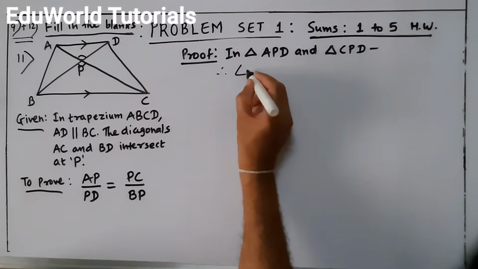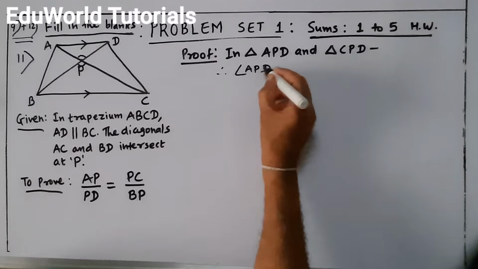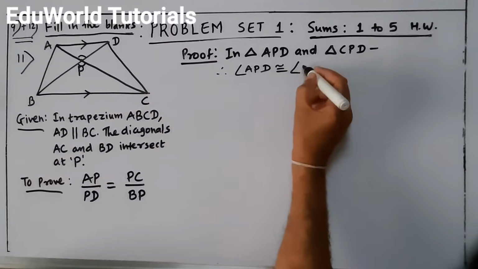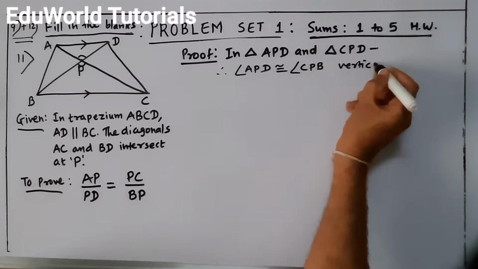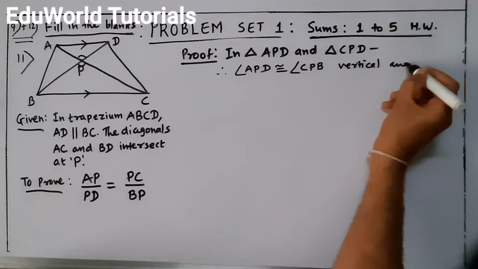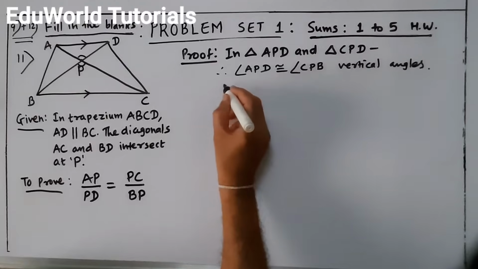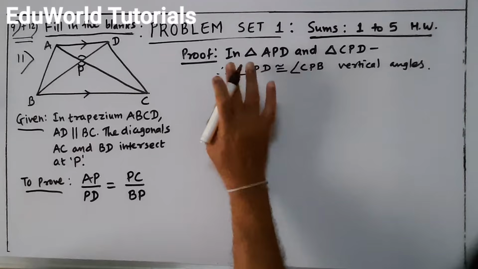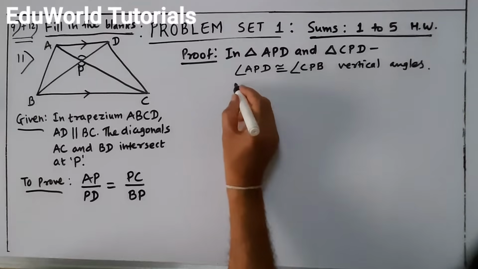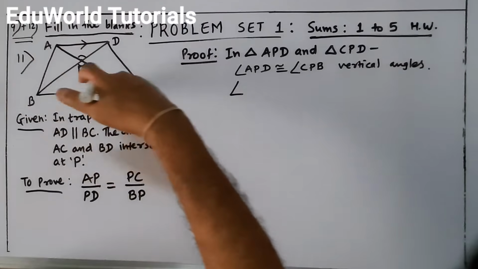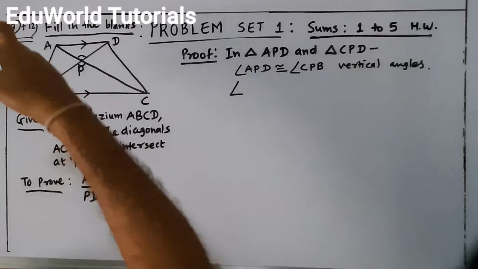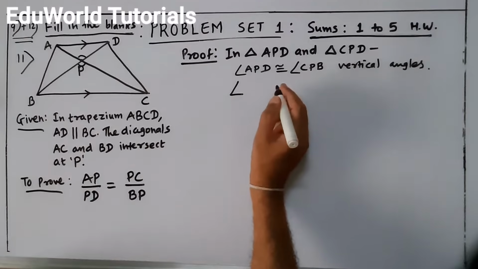So angle APD is congruent to angle CPB, vertically opposite angles, any reason you can write. And we will now have two pairs of corresponding angles if we consider these two parallel lines and the diagonals as respective transversals.